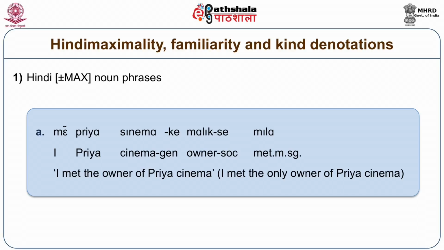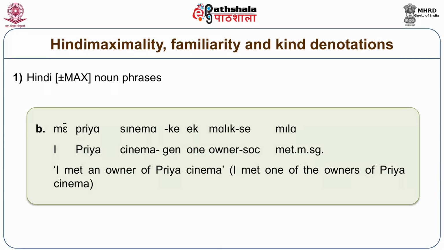If I want to imply that there is more than one owner, then I would use the indefinite article. So, मैं प्रिया सिनेमा के एक मालिक से मिला. And if I want to say I met all the owners, I would say मैं प्रिया सिनेमा के मालिकों से मिला. Bare nouns in Hindi are thus plus maximal.